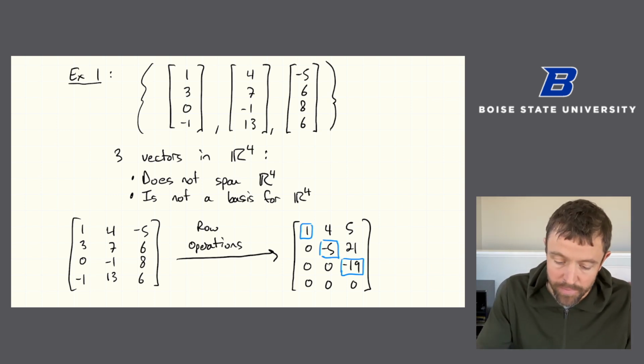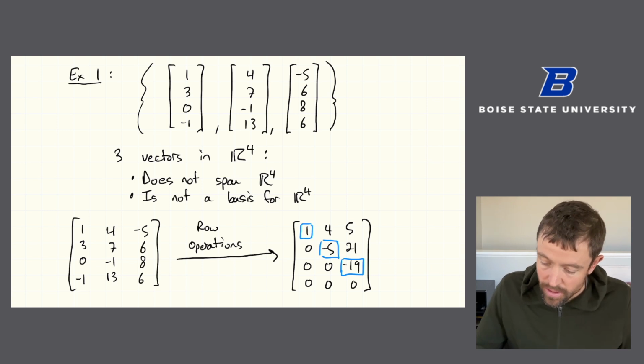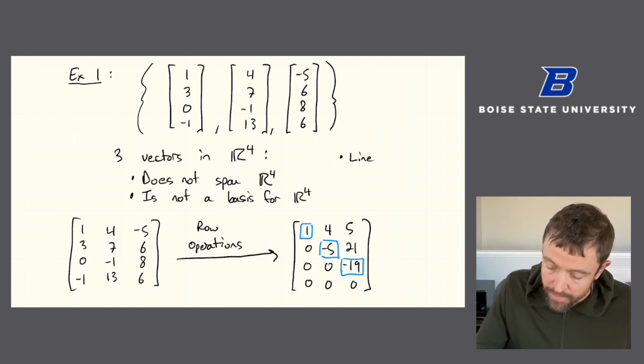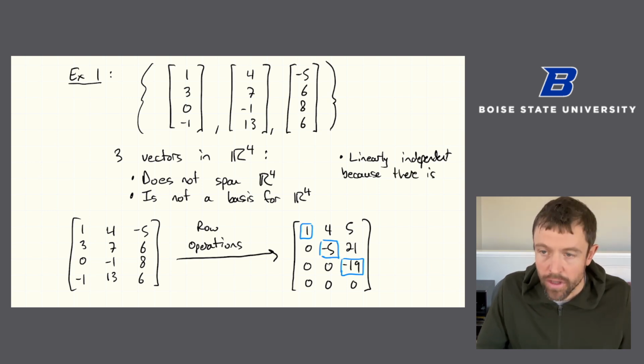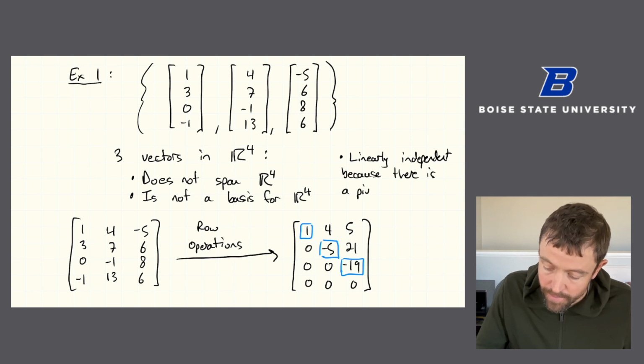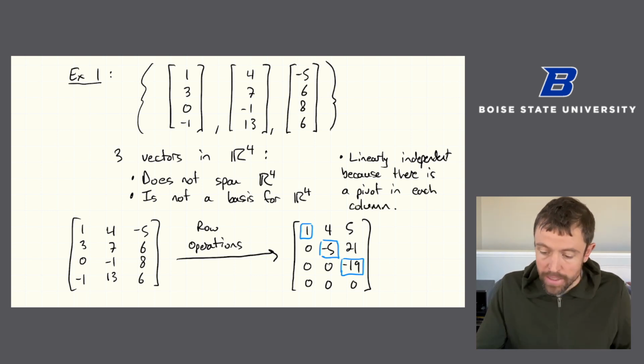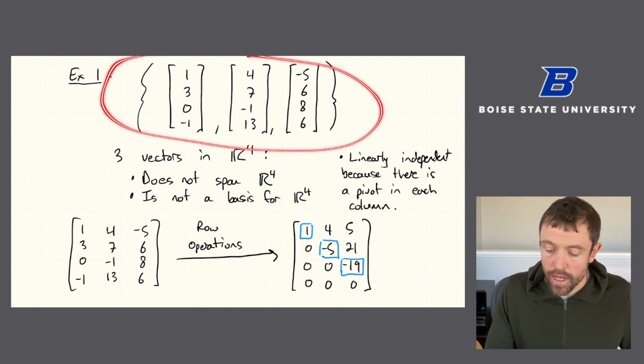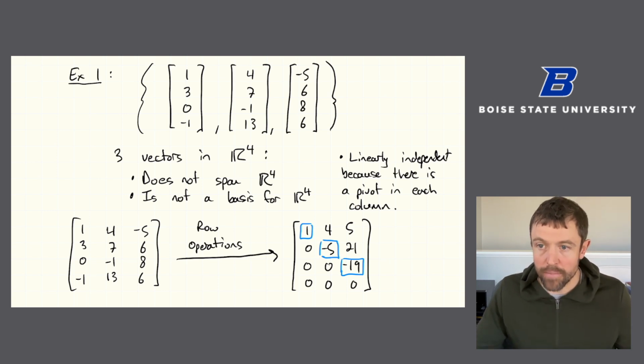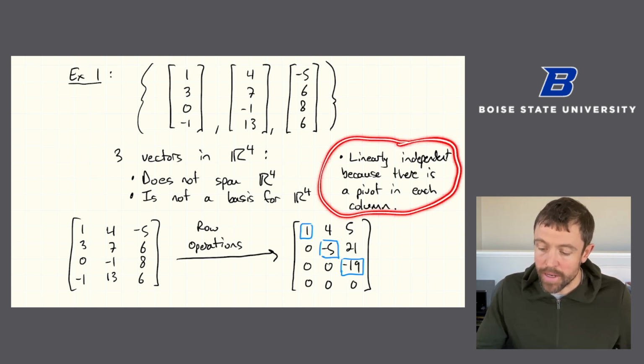And so these vectors are linearly independent because there is a pivot in each column in echelon form. All right, so we've determined that these three vectors do not span R4, therefore they're not a basis, but they are linearly independent.